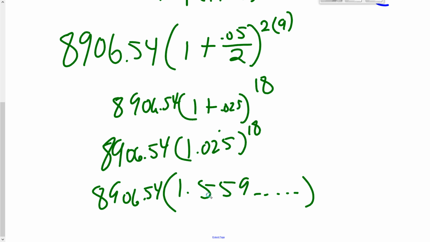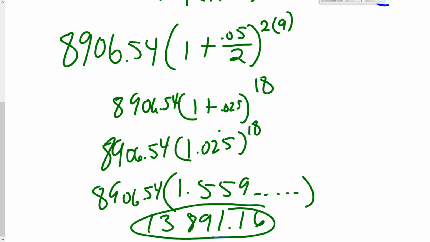Now in my calculator I don't want to round that number inside the parentheses, so I need to make sure that I keep that as the answer and multiply it by the 8906.54. Then at the end, we get $13,891.16, and then I can round that 16 cents.